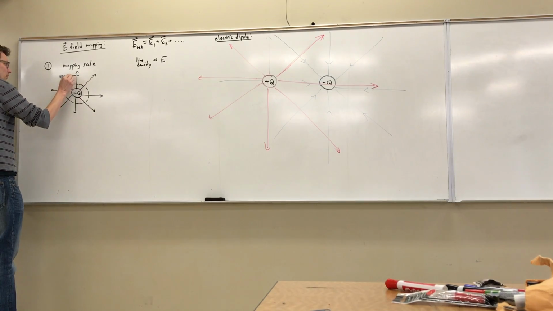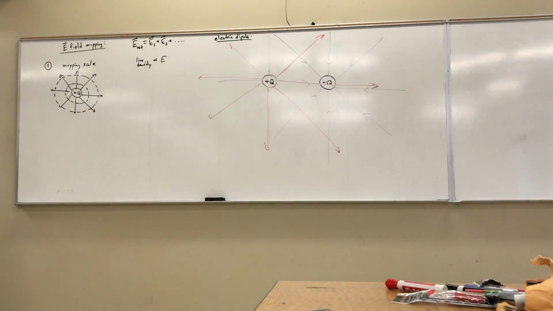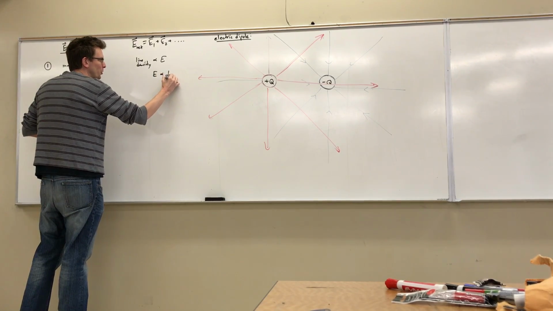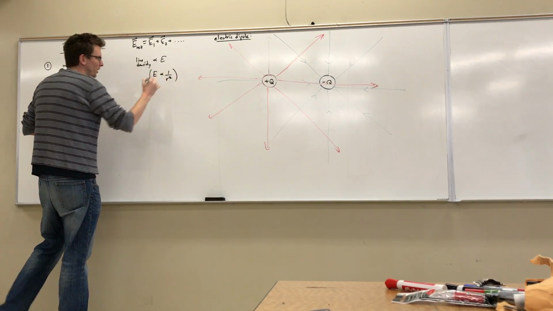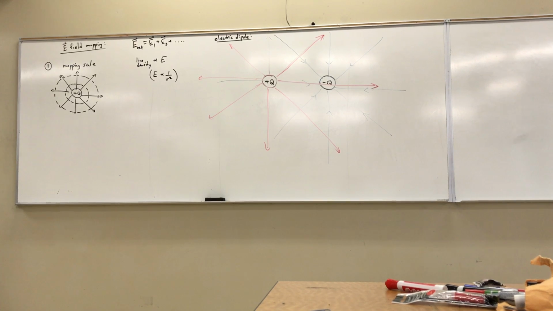When you get further away, the lines get further apart, indicating a weaker field. That goes right along with the fact that the electric field is inversely proportional to R squared, which is the inverse square law.